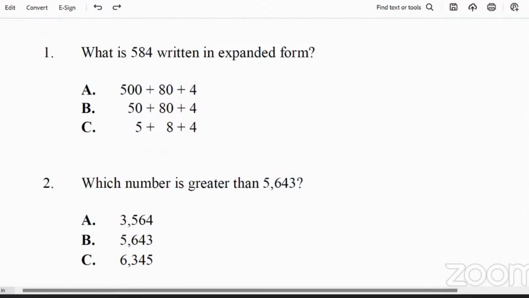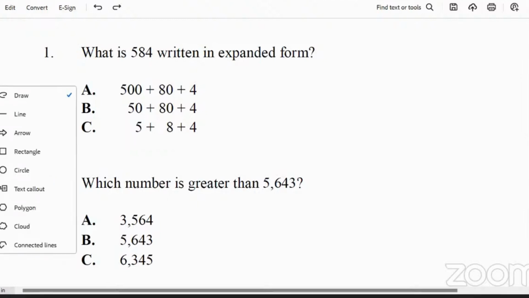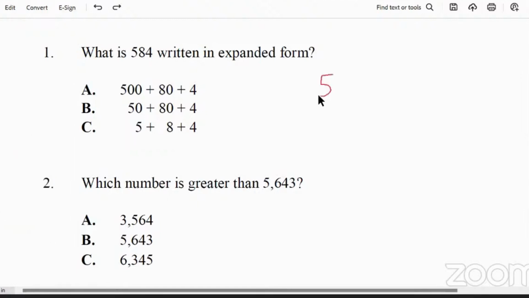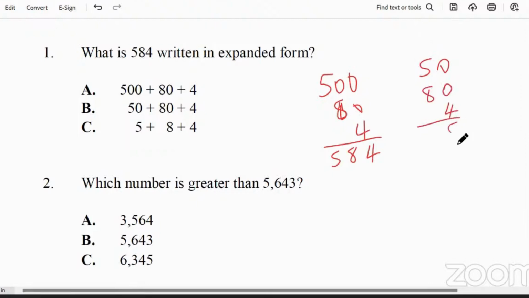As I said, I'm going to try to be as thorough as possible for those who might need a little extra help. So if I had 500 plus 80 plus 4, would it give me my original number? Yes, 584. If I try the same with 50 plus 80 plus 4, does that give me 584?